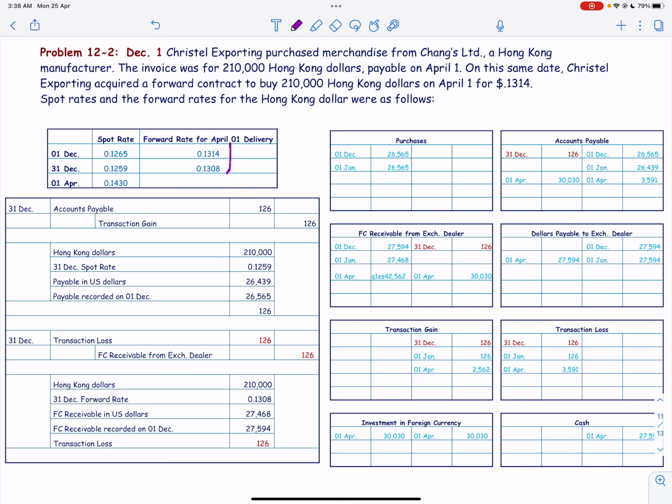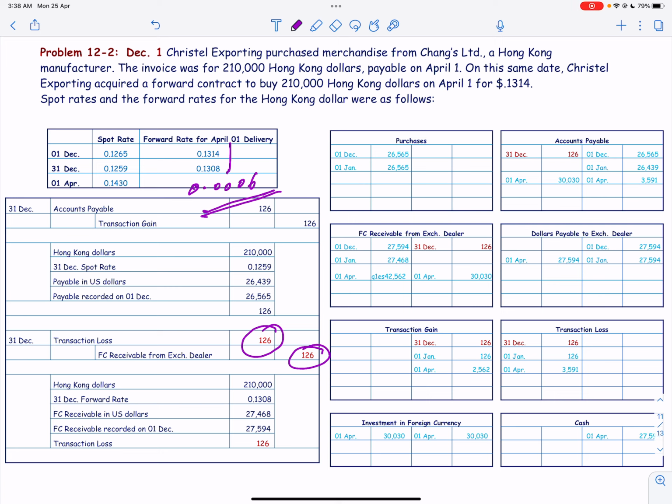So had Crystal Company waited for 31st December, they could have bought the forward contract. So how much is the difference? By 0.0006 US dollars cheaper. Now when journalizing, the foreign currency receivable will be reduced by 126 and transaction loss will be debited by 126.